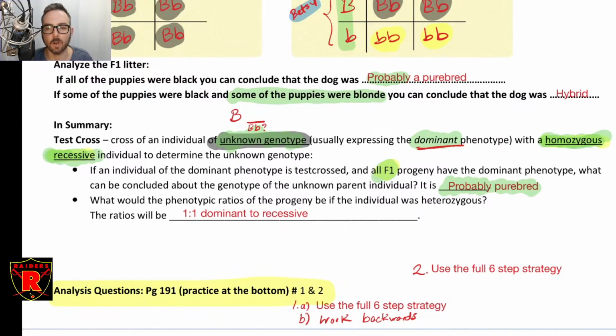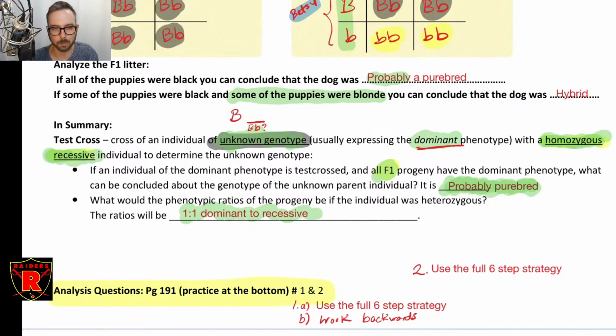If all of the offspring show the dominant, it's probably a purebred. And if any of them at all show the recessive, then you know that you got a heterozygote for your unknown. All right, so that's a test cross.